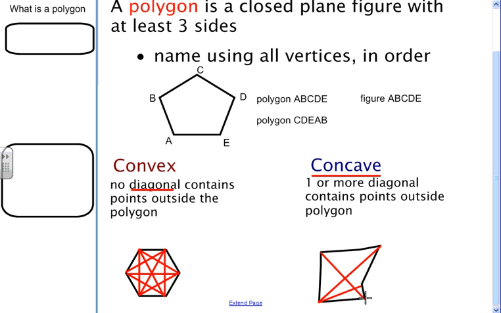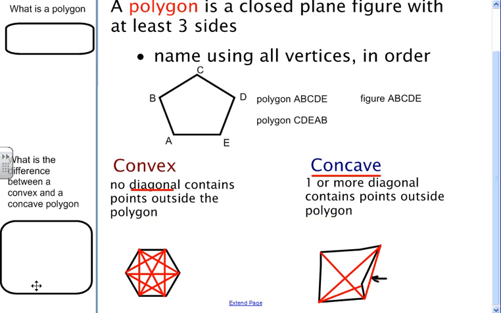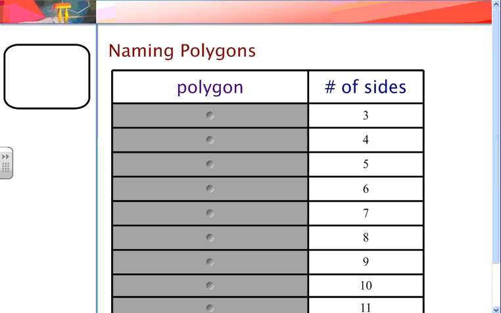But when I try to draw the diagonal from this vertex to that vertex, boom, this diagonal right here is outside of the polygon. That makes it concave. So thinking about a definition that goes here, or a question that goes here, you might ask, what's the difference between a convex and a concave polygon? So that's kind of a level 2 question. Not just what is a convex polygon or what is a concave polygon, but what's the difference between the 2?